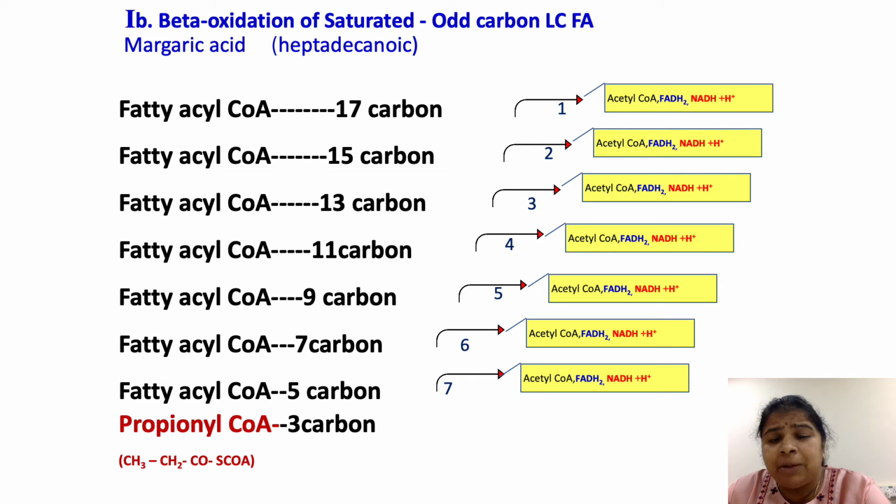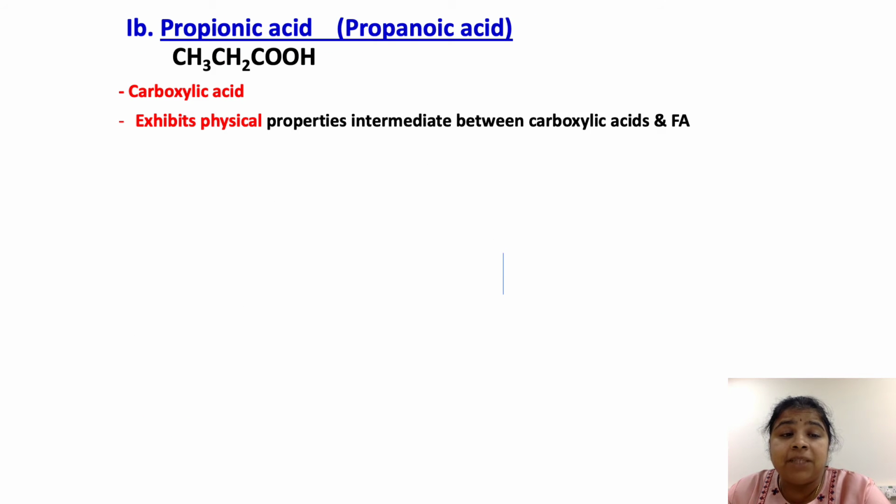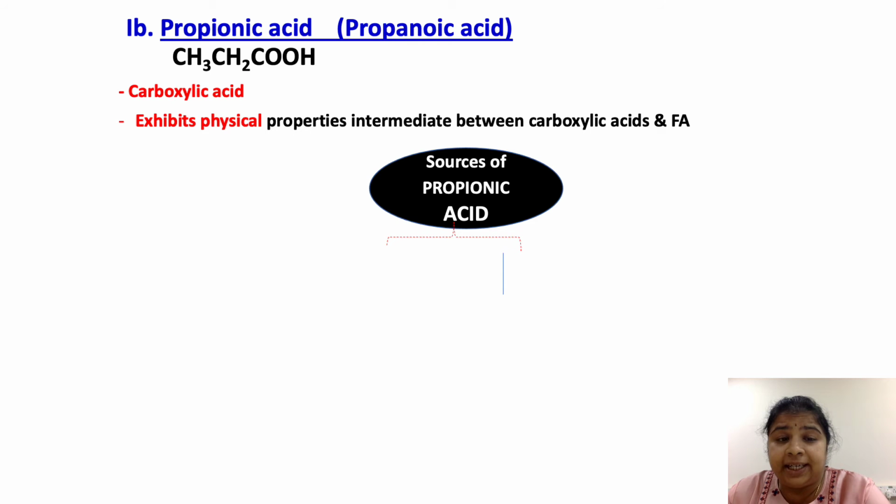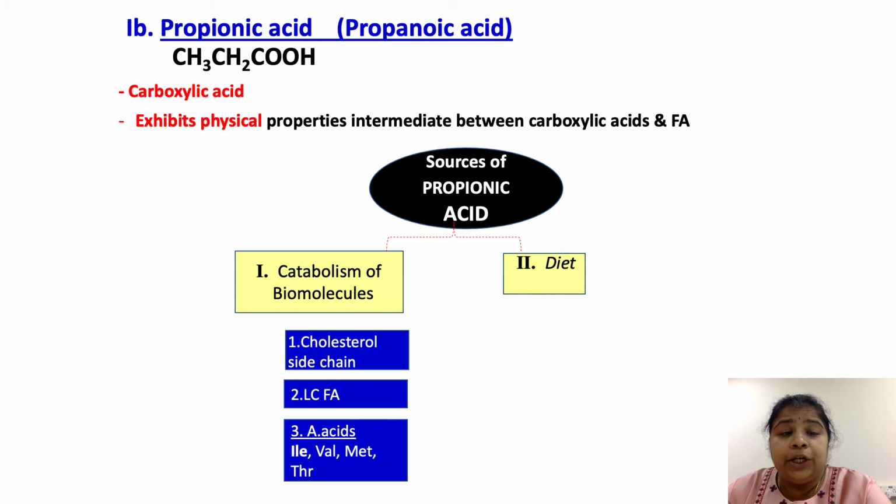I'm sure you would have come across metabolism of propionyl CoA when you had amino acid metabolism, if we look at sources of propionic acid. It is usually obtained during metabolism of the side chain of cholesterol, from odd chain fatty acids, or during metabolism of isoleucine, valine, methionine, and threonine.